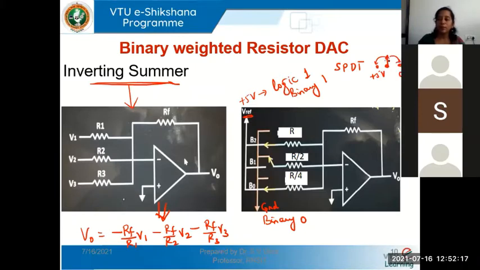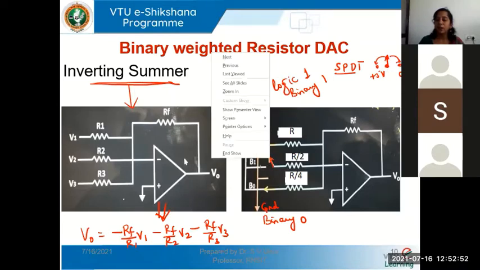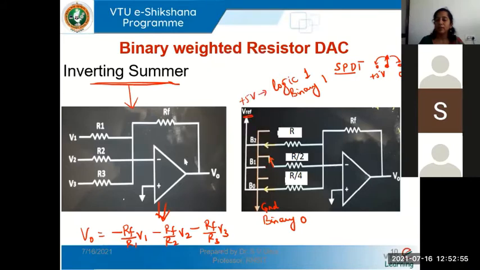So instead of giving 3 input voltages to the inverting summer, we give either plus 5 volts or 0, connected to those two lines through these switches. If I connect it here, it will be connected to VCC or Vref.